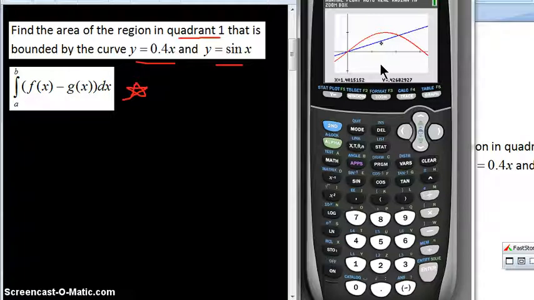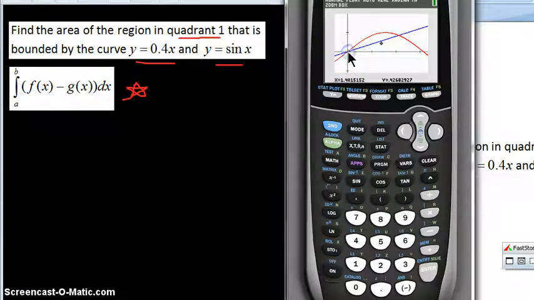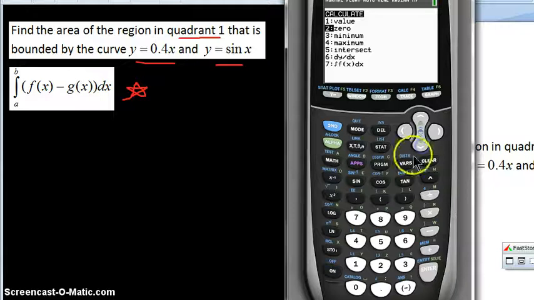I hope your answer is that my A will be this point right there, and my B will be the point right there. So I'm going to use second calc and go to intersect.